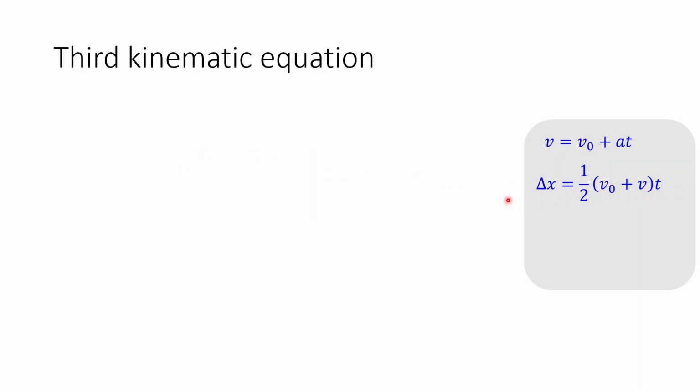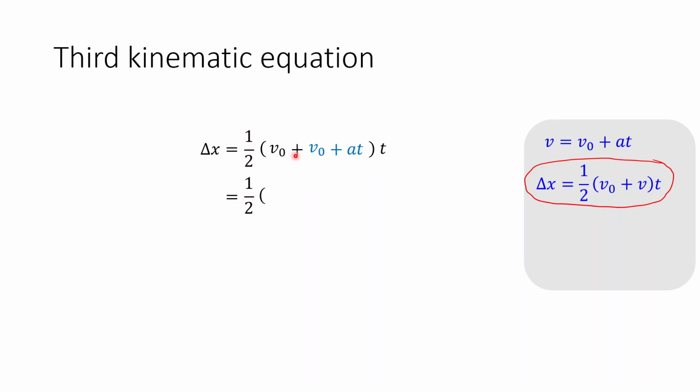Next, take this equation, delta x is equal to 1 over 2 times v0 plus, for v substitute this, v0 plus at, times t, is equal to 1 over 2 times v0 plus v0, which is 2v0, plus at, times t, is equal to 1 over 2 times, multiply this and t, you get 2v0 t plus, multiply this and t, you get at squared.